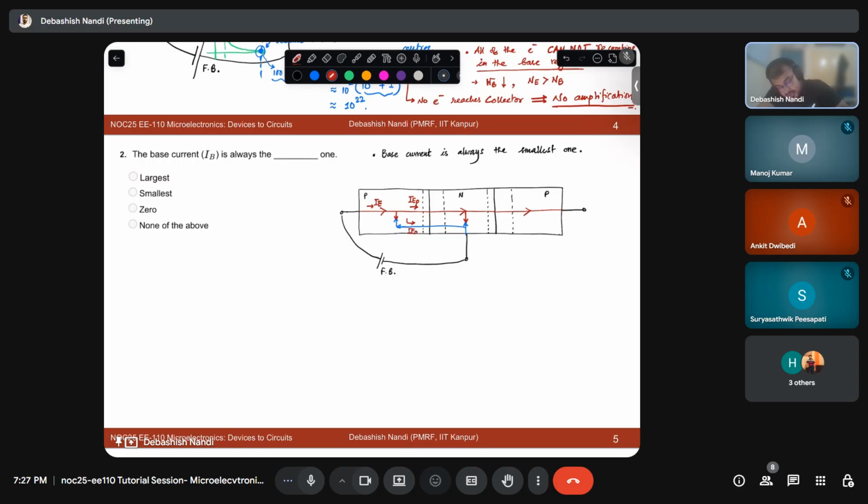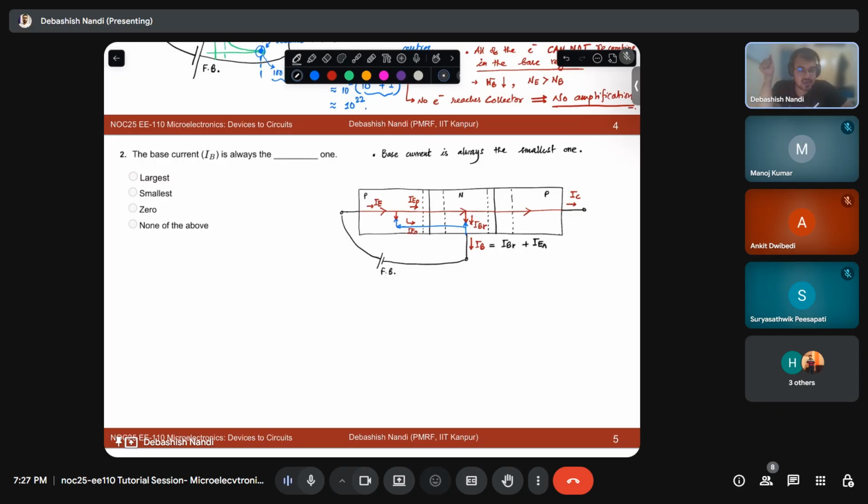This current is your IBR. And this current is your IB. And this is your IC. Are the currents okay? So what is your base current? IB. IB is composed of what two currents? One is your IBR and another component is your IEN.